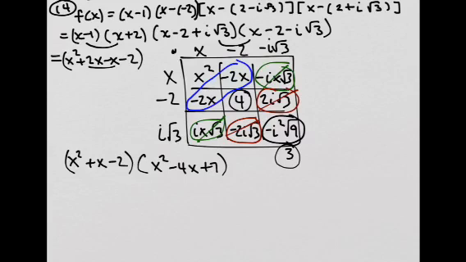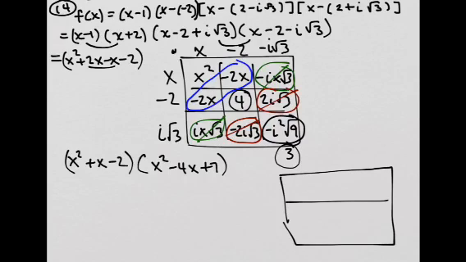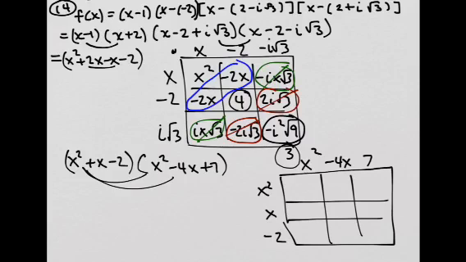So I can make another grid to get the final answer. So x squared, x minus 2, and then x squared minus 4x and 7. Or you can just distribute like that and then do the next one, you could do it that way.